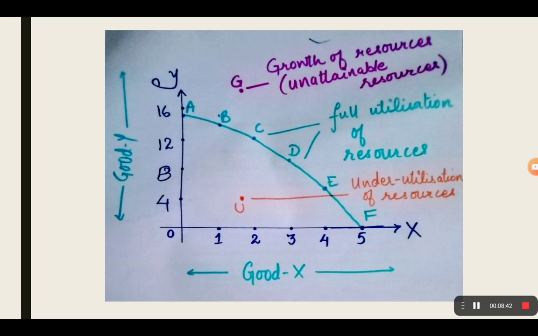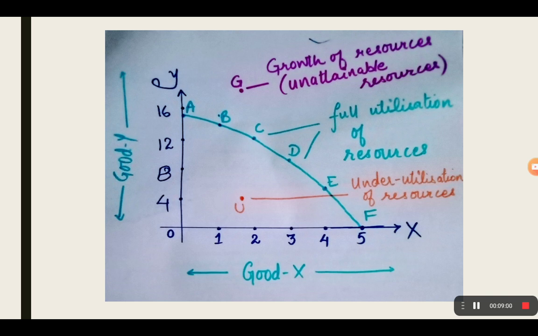Then coming to the third point, you can see outside the PPC, that is the G point. The G point refers to the growth of resources, and this point is also known as the unattainable point.